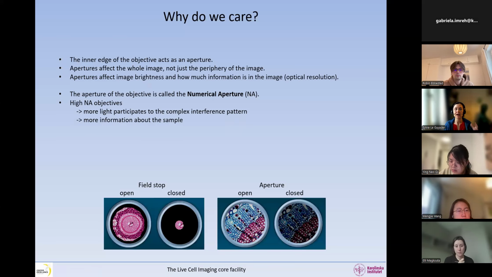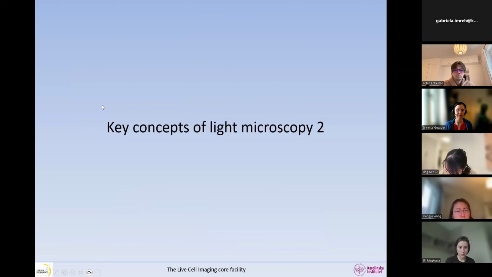And therefore, we have more information about our sample and the image is brighter, right? So a high NA objective means a brighter image and a higher optical resolution.